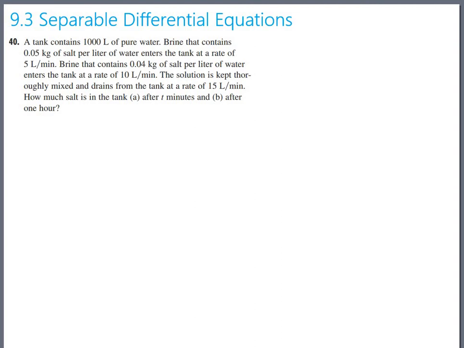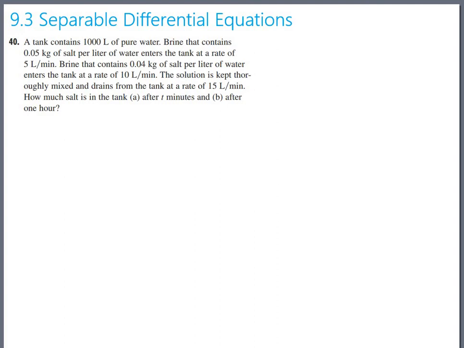40 says you've got a tank containing 1,000 liters of pure water. Brine means salt water. Brine that contains 0.05 kilograms of salt per liter of water enters the tank at 5 liters a minute. And then there's also brine coming in that contains 0.04 kilograms of salt per liter that enters the tank at a different rate, 10 liters a minute.